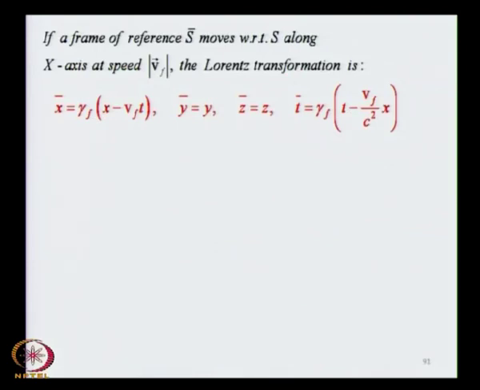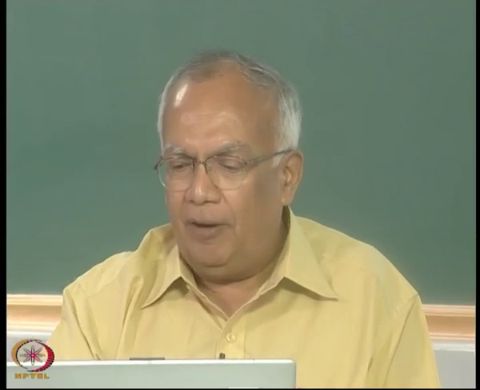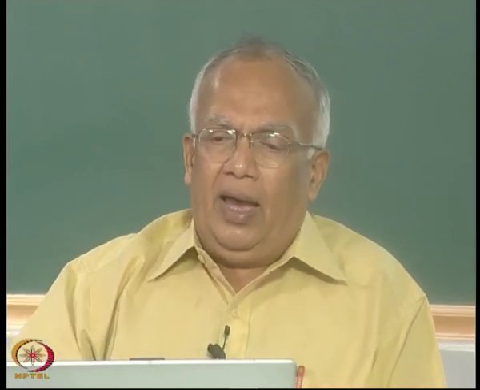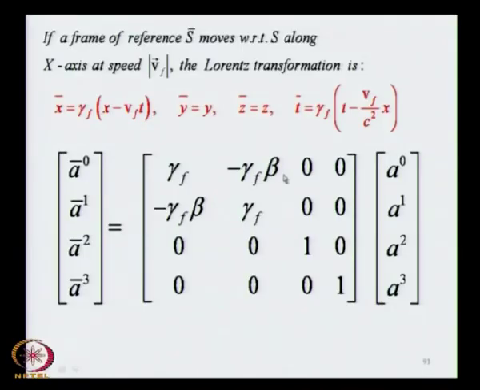So, now these are the Lorenz transformations that we had. I have used a barred frame rather than a primed frame, but it is the same thing. I just needed a different notation to express the fact that you have one frame of reference which is moving with respect to another, and this is the transformation which gives the Lorenz transformation, and you can go from the parameters in one frame to the other by carrying out these transformations, and you can write them in a very compact manner by this transformation matrix lambda.